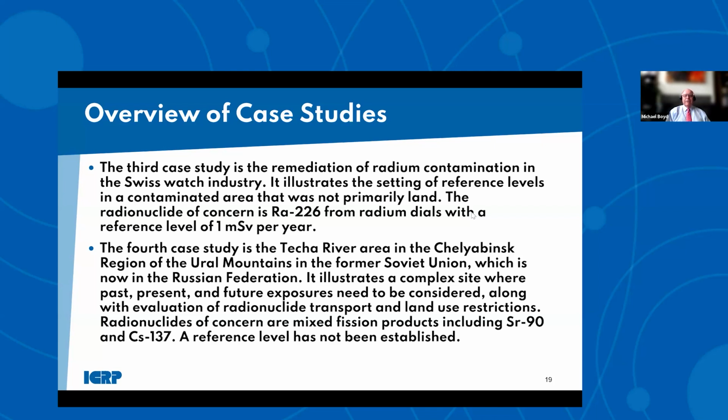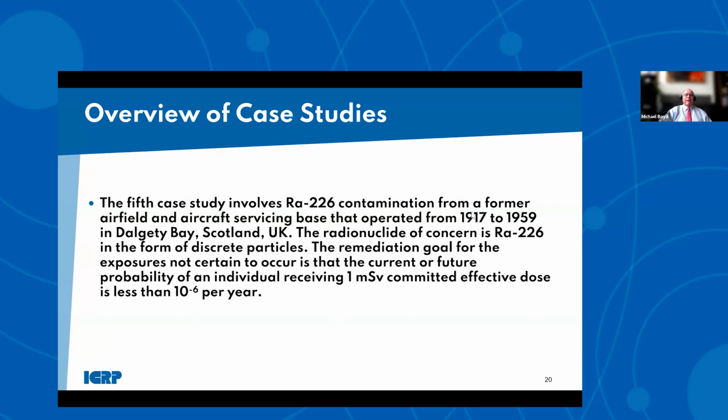For this site, a reference level has not been established. And finally, the fifth case study involves radium-226 contamination from a former airfield and aircraft servicing base that operated from 1917 to 1959 in Dalgety Bay in Scotland in the United Kingdom.